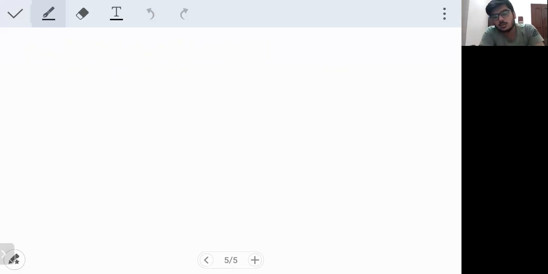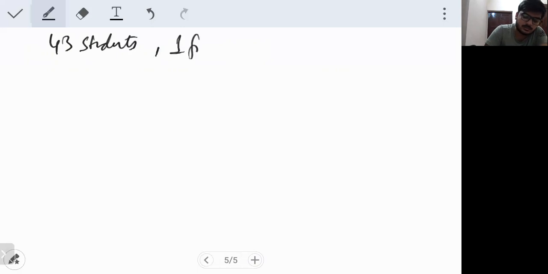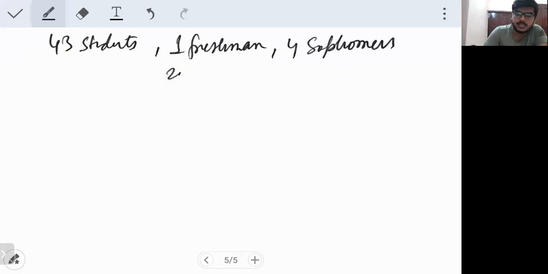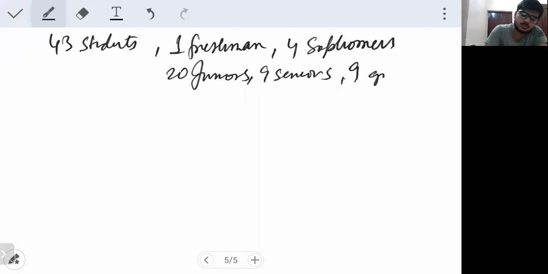Suppose there are 43 students in total, where one is a freshman, 4 are sophomores, 20 are juniors, 9 are seniors, and 9 are graduate students, right?